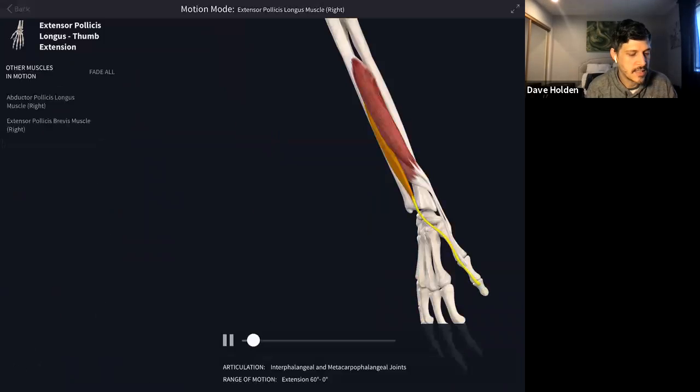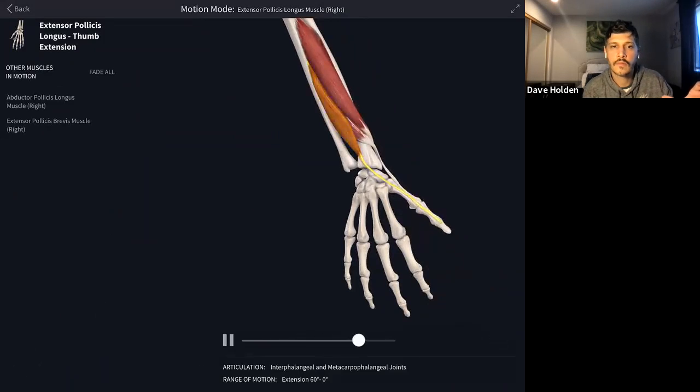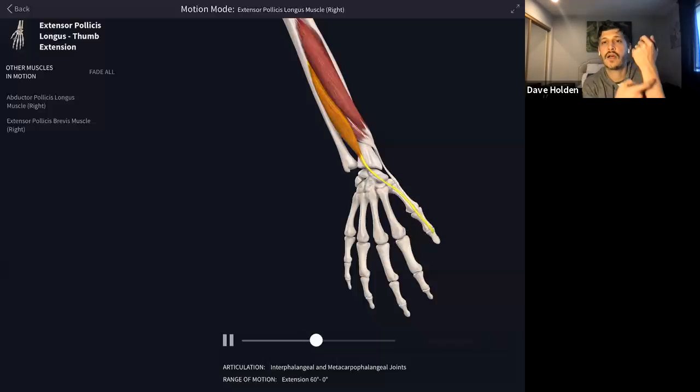This muscle does thumb extension. And because it crosses the wrist on the backside, it will assist with wrist extension as well.